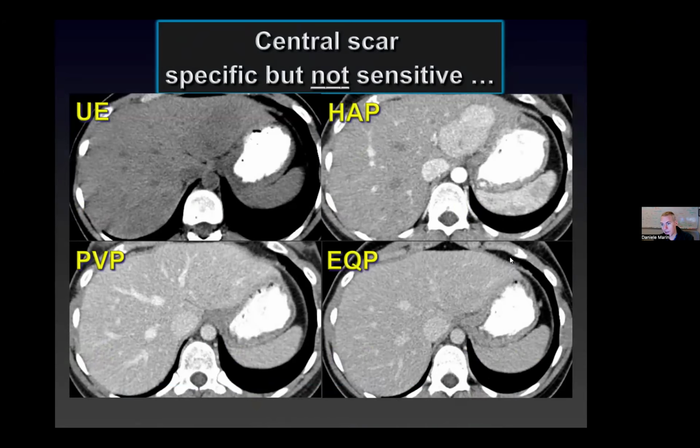I just want to remind you that the scar, we said, is present in about 60% of lesions, generally larger lesions, but it's not a requirement in order to make a diagnosis of focal nodular hyperplasia. This is an example of a fairly large focal nodular hyperplasia lesion.